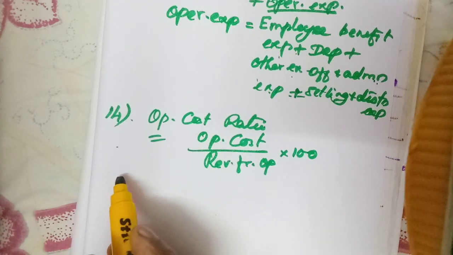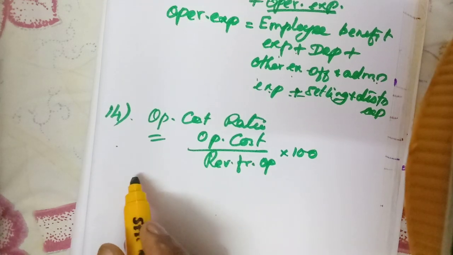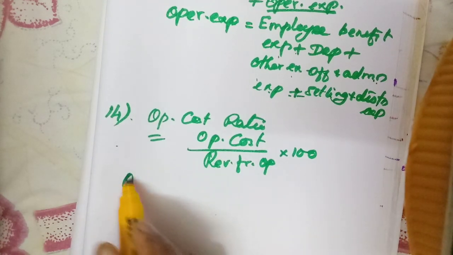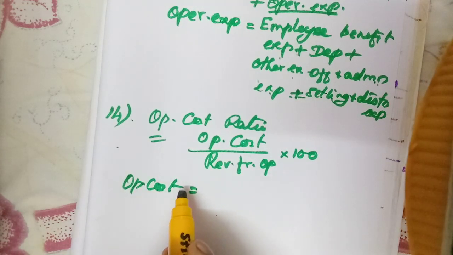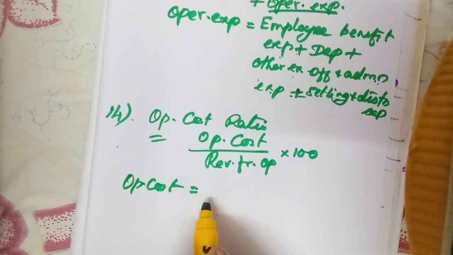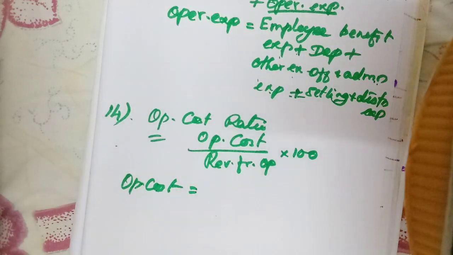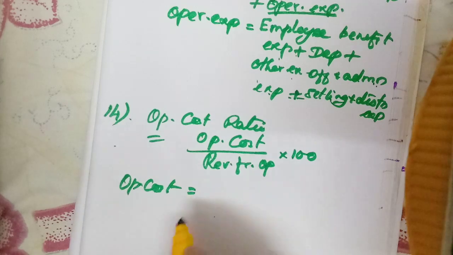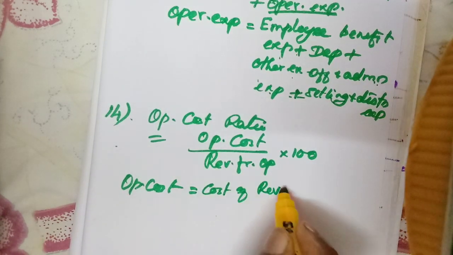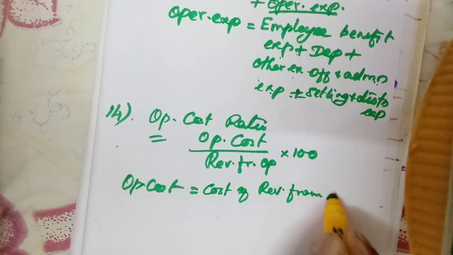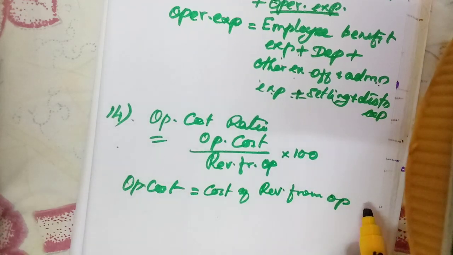Operating cost means what? Cost of revenue from operation plus operating expense.